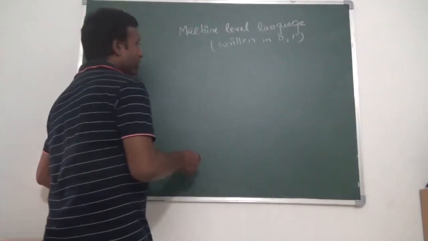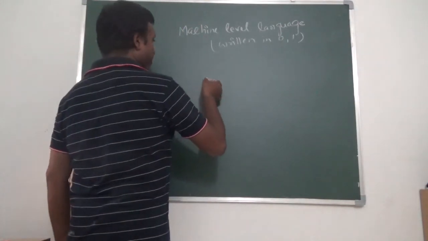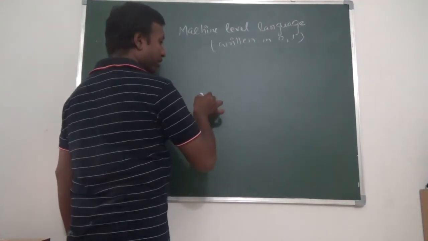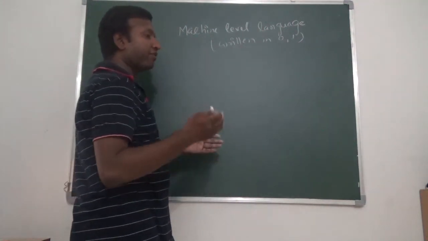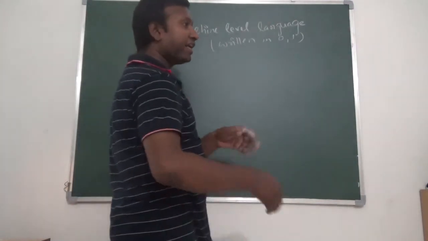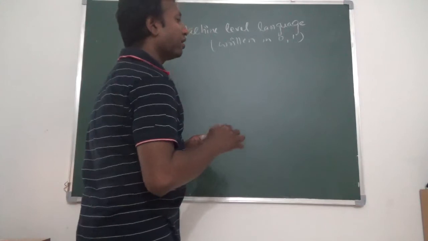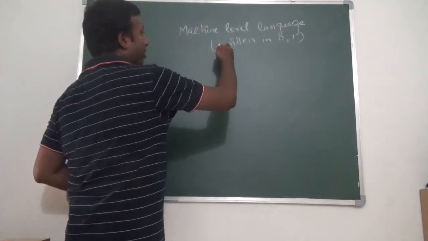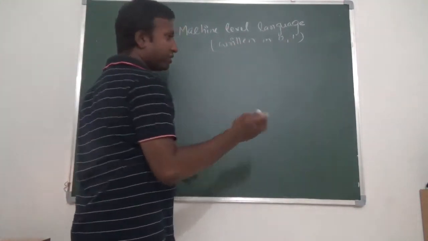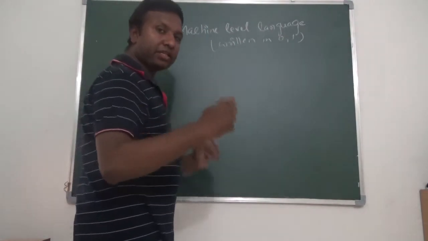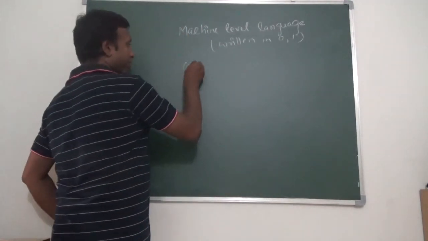Let us suppose the instruction is also written in form of 0-1 and data is also written in 0-1, right? That is the point, because computer system cannot understand other than 0-1, so everything should be written in 0-1.